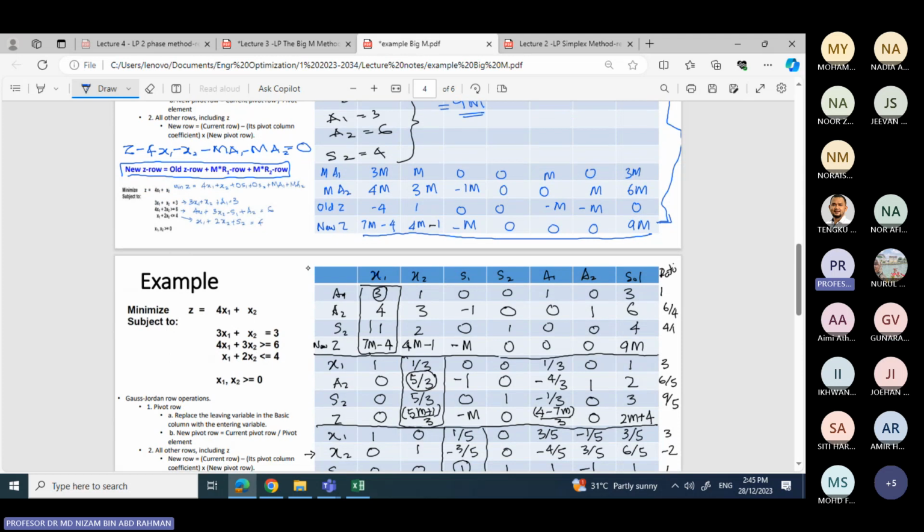The first initial tableau, right? Where I have the new zero in here. Any questions at this point? No? So what's the next step?